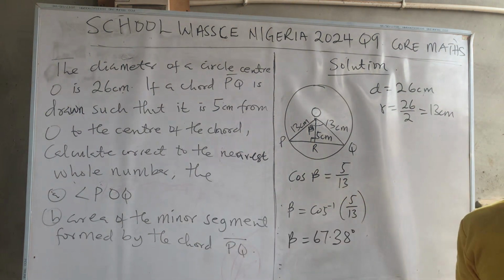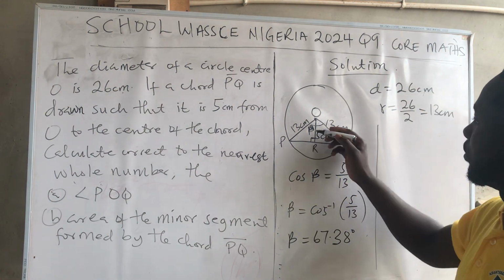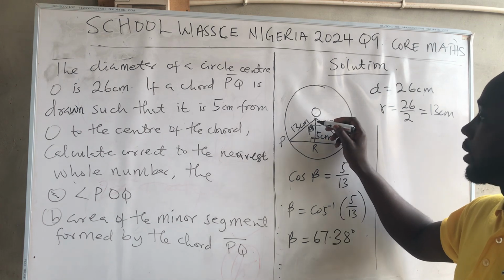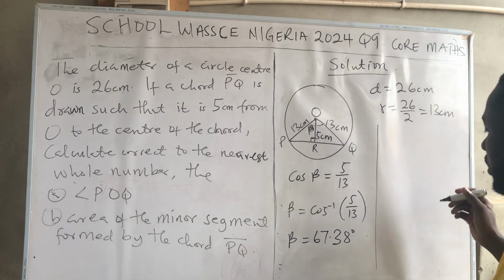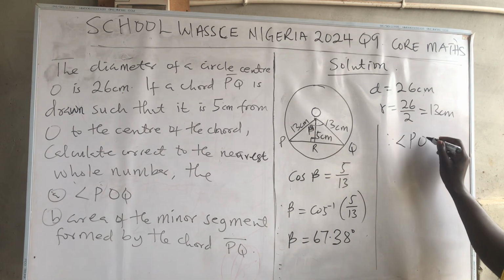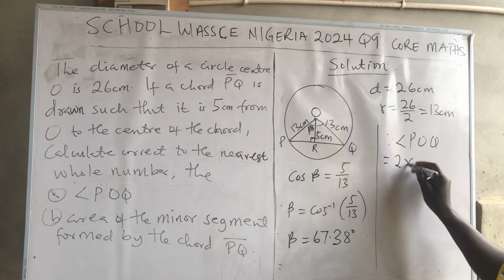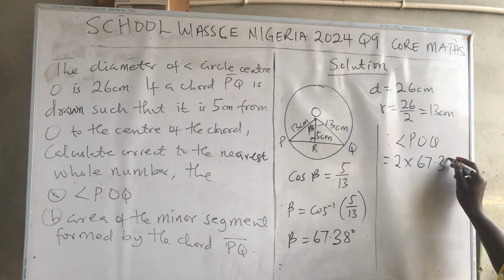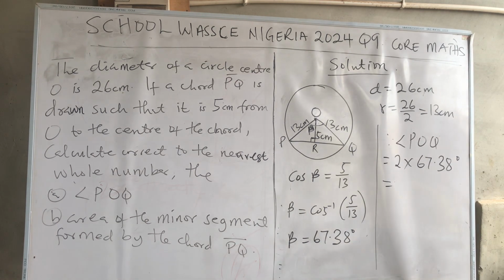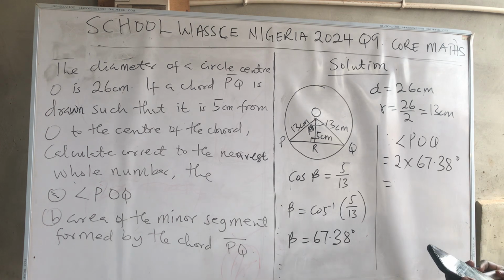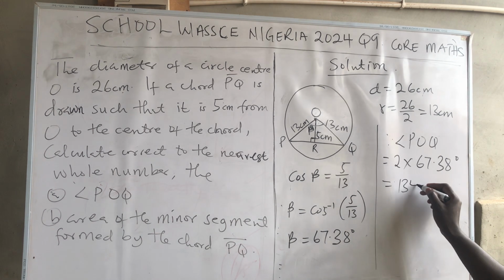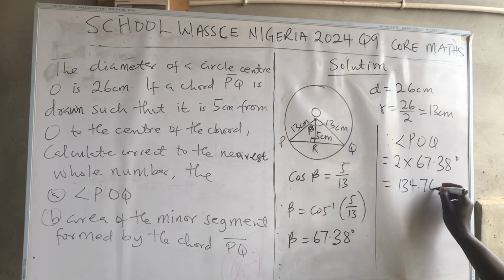But the question in the first place was asking us to calculate angle POQ, which is the entire angle. Since I've been able to calculate this angle, if I multiply by 2, I'll get angle POQ. Therefore, my angle POQ is going to be 2 times 67.38 degrees. Using our calculator, 2 times 67.38 will give us 134.76 degrees.